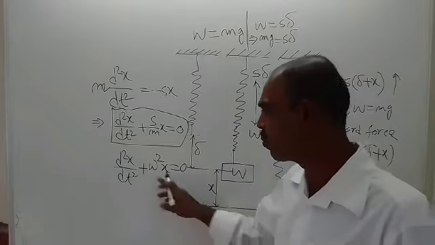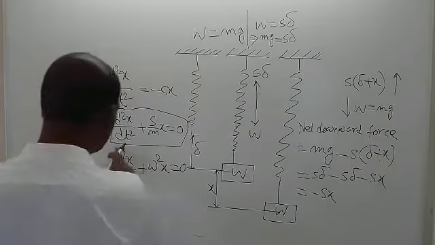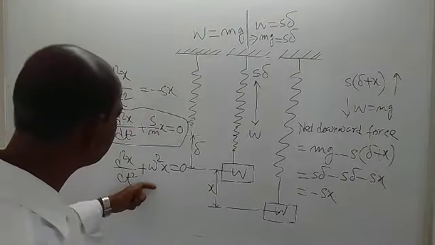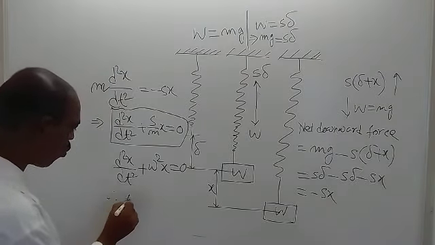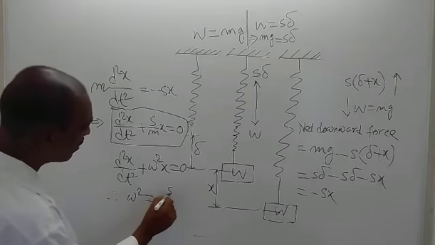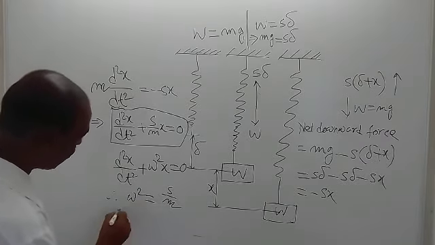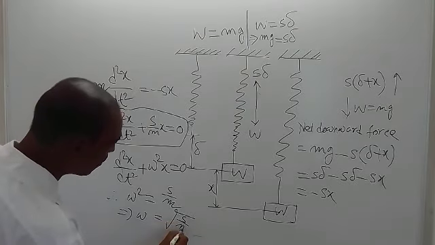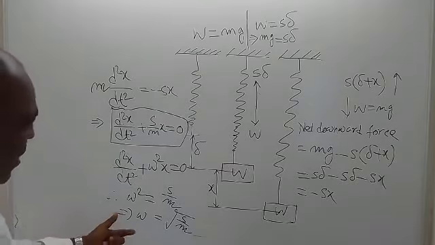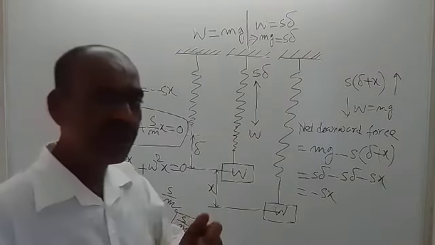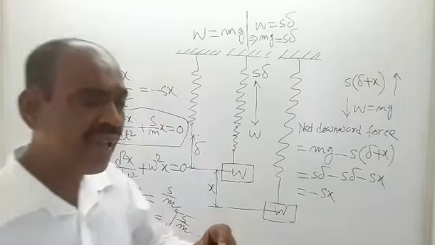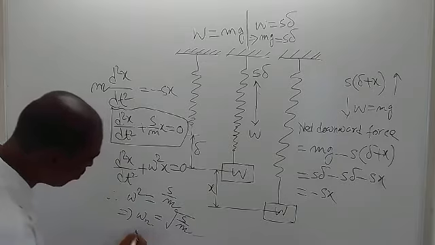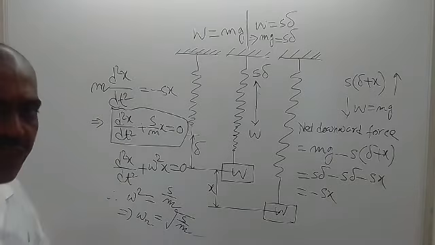So comparing these two equations, we can say that omega square is equal to S by m. Therefore, we get omega is equal to root over S by m. And since this is the natural frequency, the letter n as a suffix is used with omega. So you should write it this way: omega suffix n for natural.